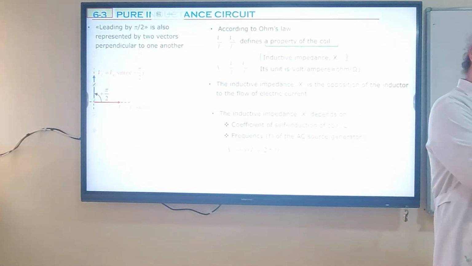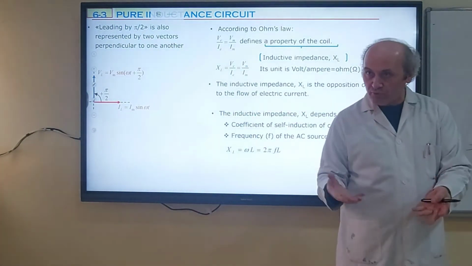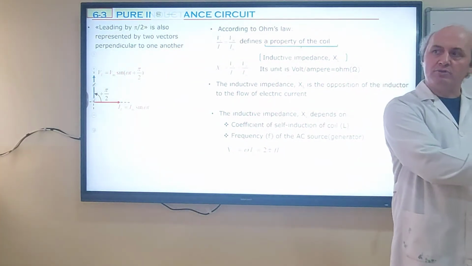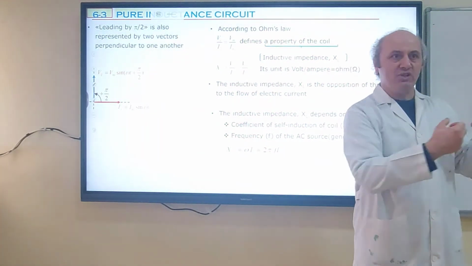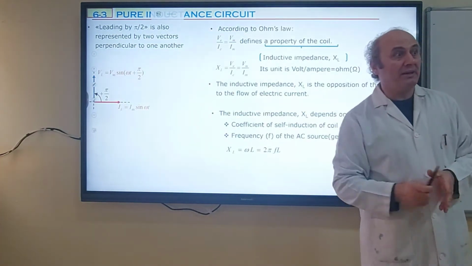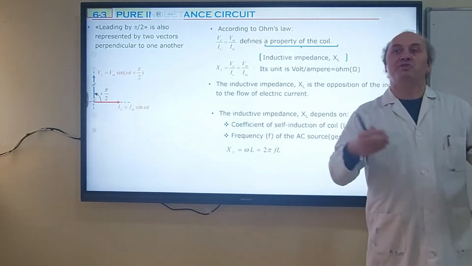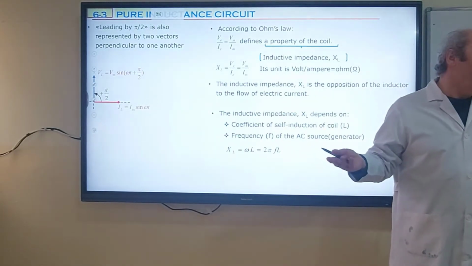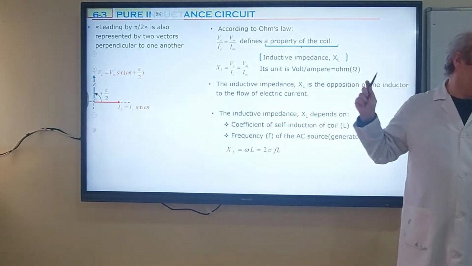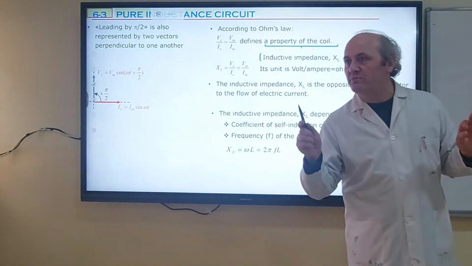While electric current is flowing through a conductor, these electrons which are in motion, called mobile electrons, collide with other immobile electrons, and this opposition is named resistance. But in here, opposition is not because of the collision of electrons with other electrons, because resistance is 0. But there is still an opposition to electric current. This opposition is coming from self-induction.